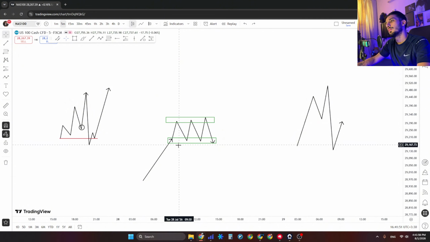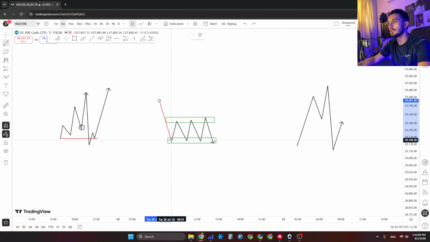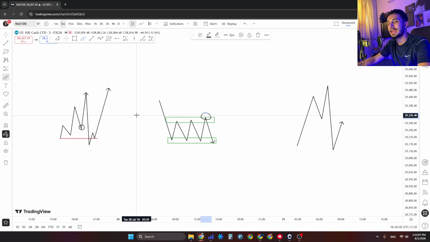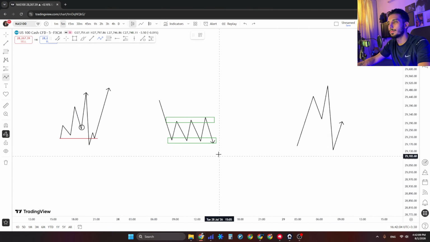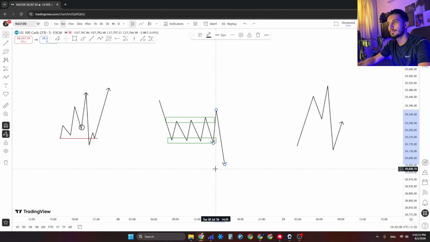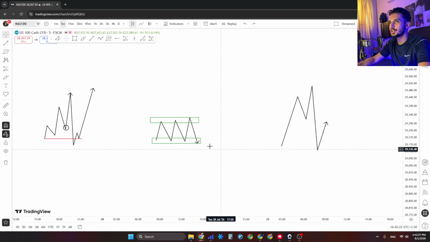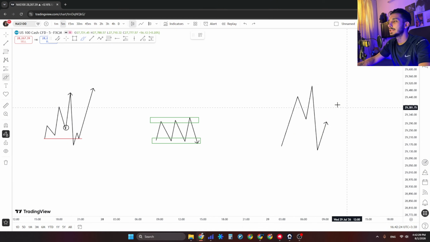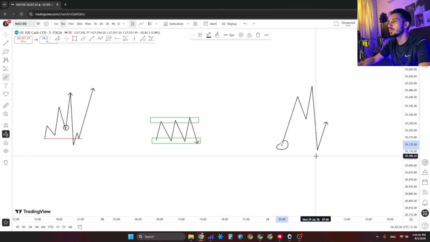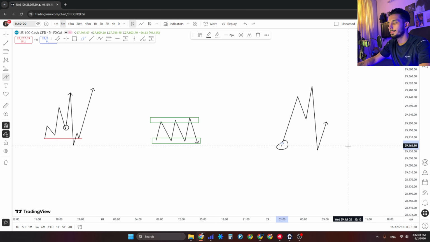Okay, but if we are in a downtrend, something like this, yeah, we are gonna take the high as a liquidity. For example, something like this. Yeah, this is liquidity sweep, and then we can go down. In this shape, we are gonna take the main lows, or the opposite way, we are gonna take the main highs as a liquidity.